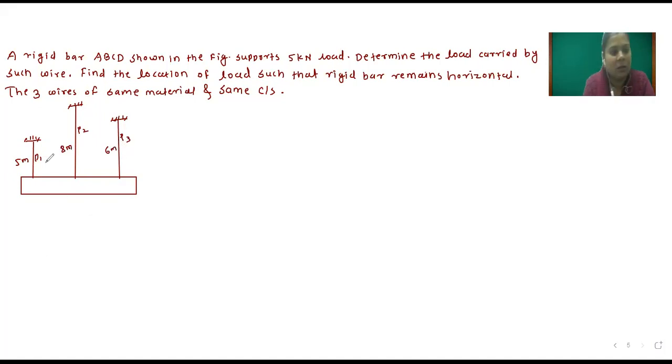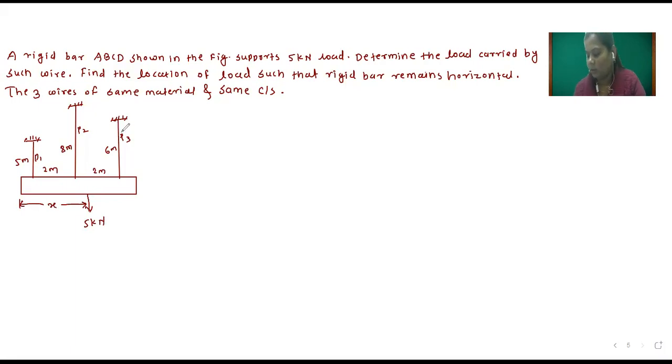This is 2 meter, this is also 2 meter, and this is also 2 meter, and a 5 kilonewton load is applied. We have to find out this distance x. So this is the question.